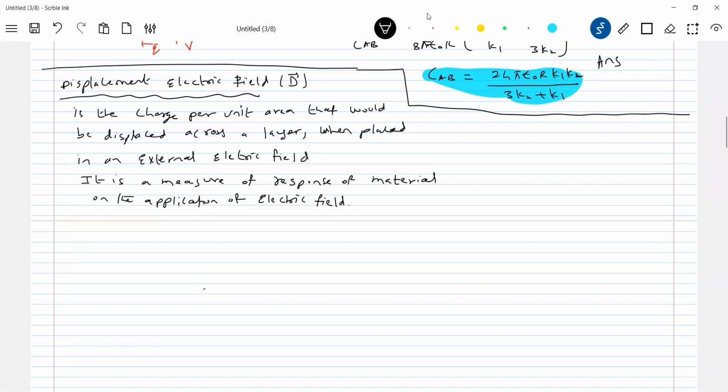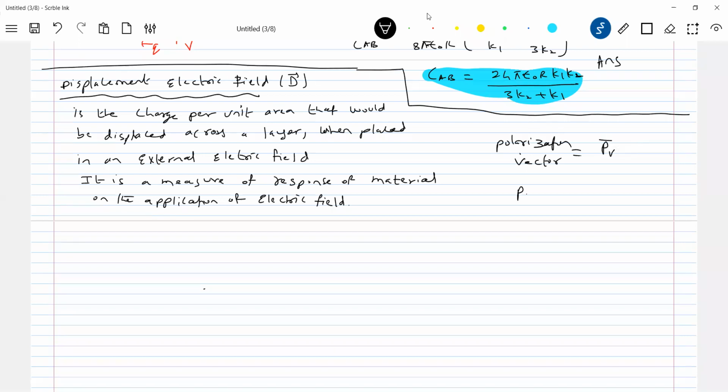So what is the polarization vector, how do you define it? Only definitions we have. It is defined by the symbol capital P bar, or P vector, I'll write it.